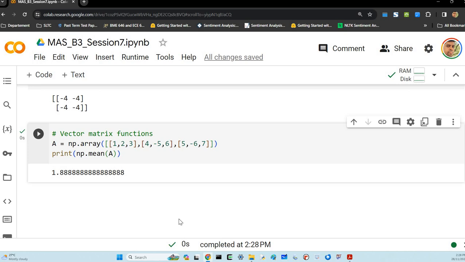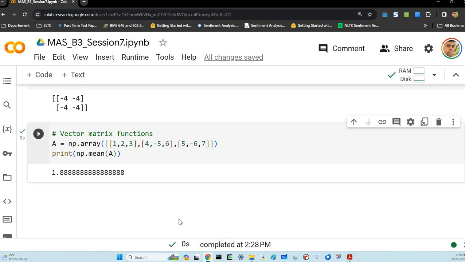Okay, so what do you think about this answer? Yes, we have a 3 by 3 matrix. We have 1, 2, 3, 4 minus 5, 6, 5 minus 6, 7.